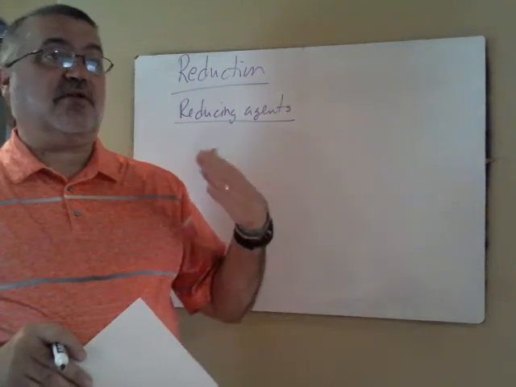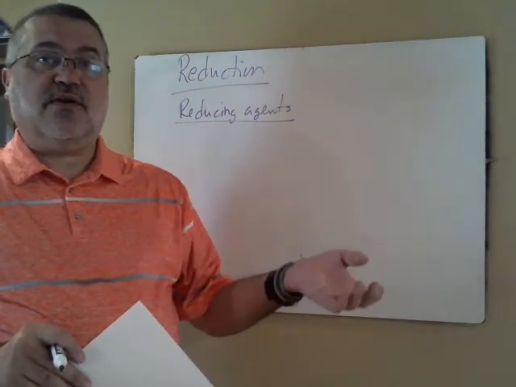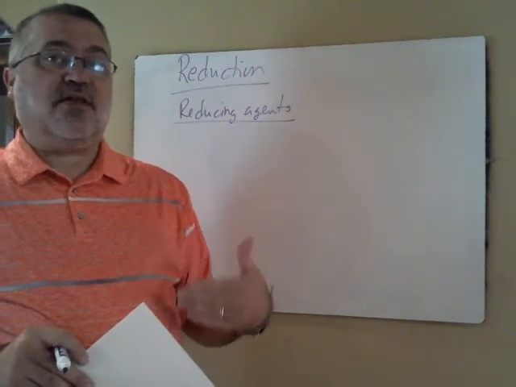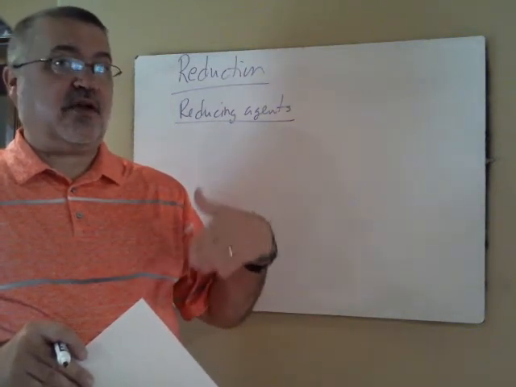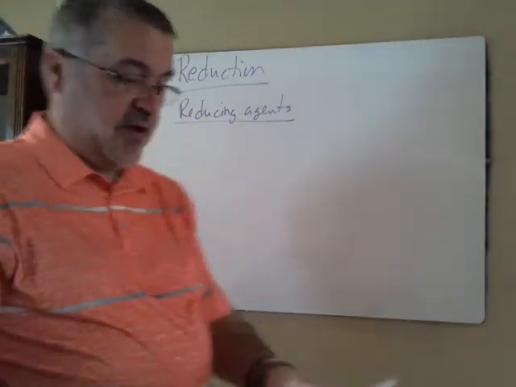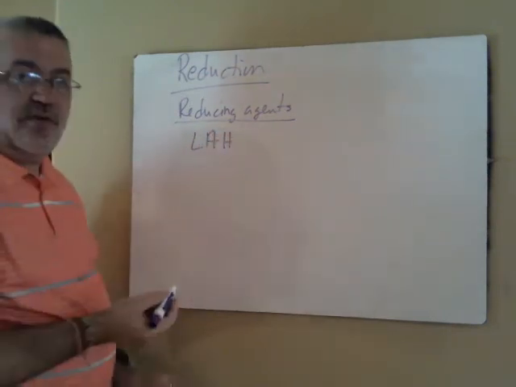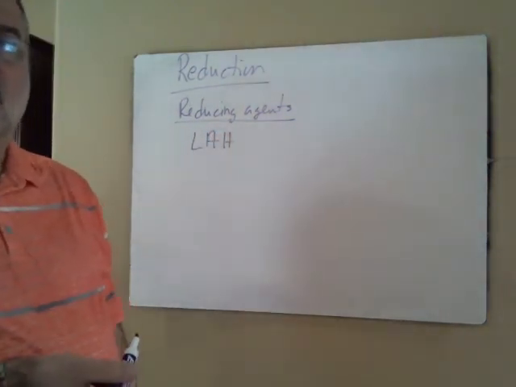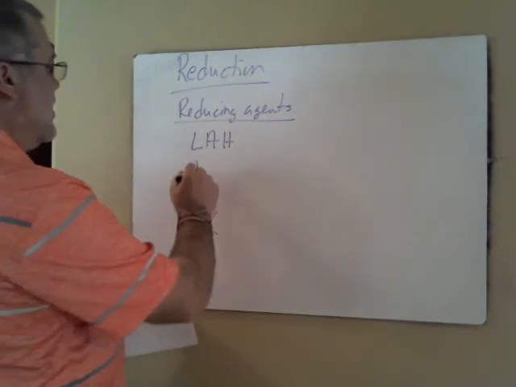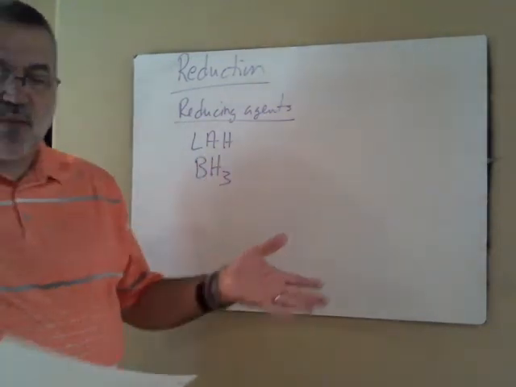We talked about how sodium borohydride will reduce ketones and aldehydes, and we talked about the fact that lithium aluminum hydride will reduce ketones, aldehydes, and carboxylic acids and their derivatives. So we already know LAH is a reducing agent that will work with carboxylic acids. There is another one very commonly used, which is just borane.